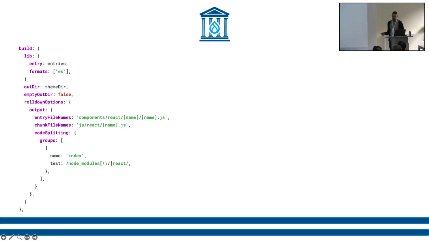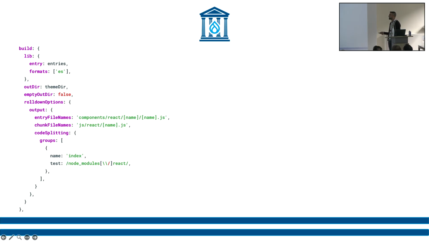Then we have the chunk file names. That is a pattern for shared libraries like React. So this will be, for example, JS, React, React.js, or index.js like in this example. Then we have the code splitting.